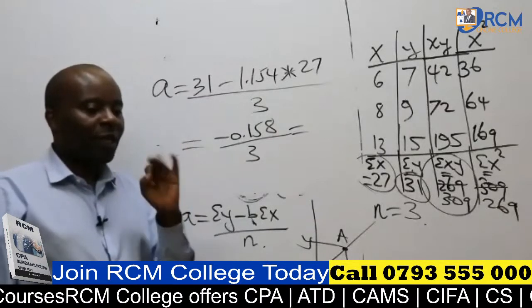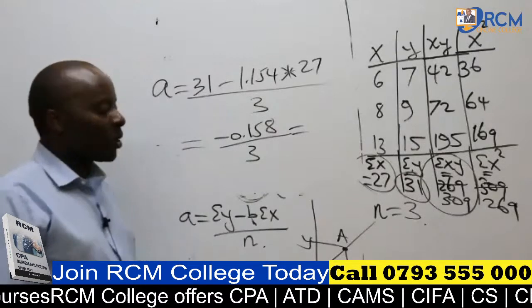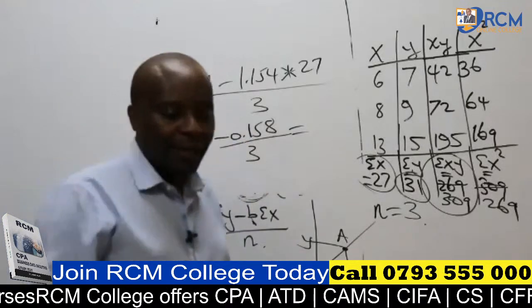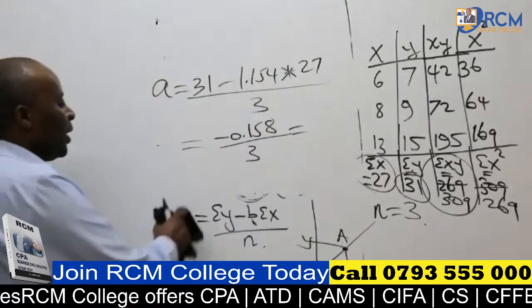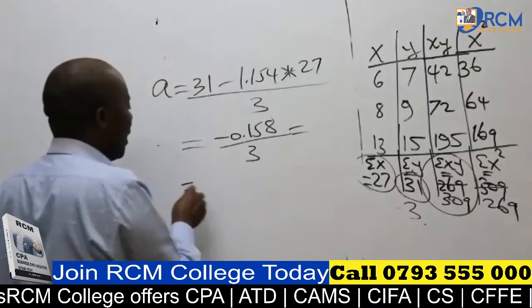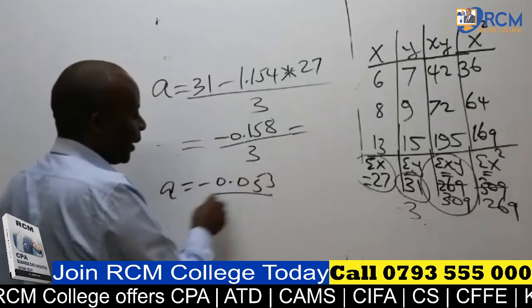Final answer in terms of 3 decimal places. So when you take this, you divide by this. According to Amaya, it is minus 0, at Collins, 0.053. These are good students. They have said that A should be negative 0.053, like that.